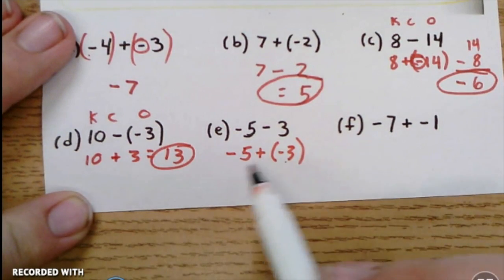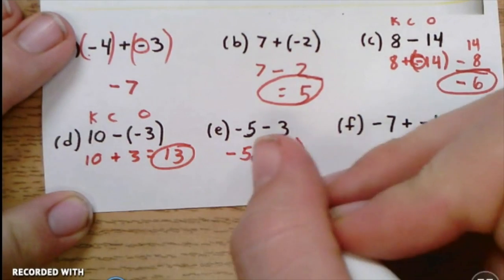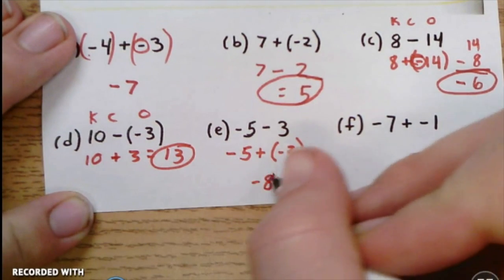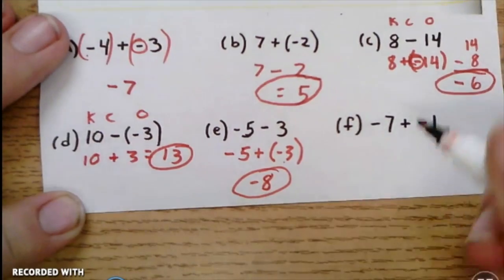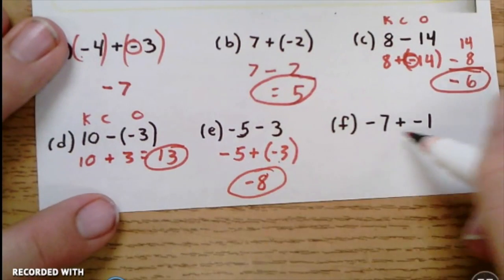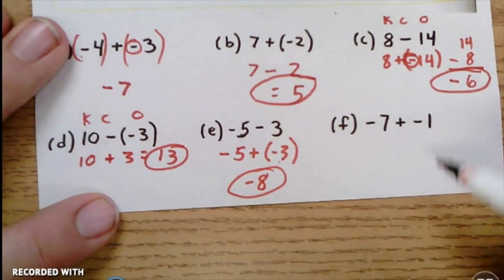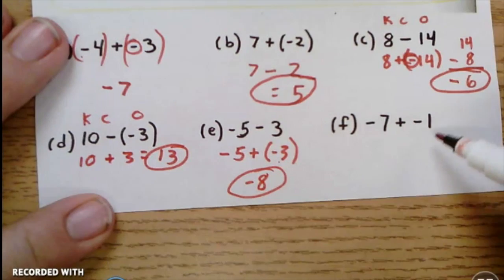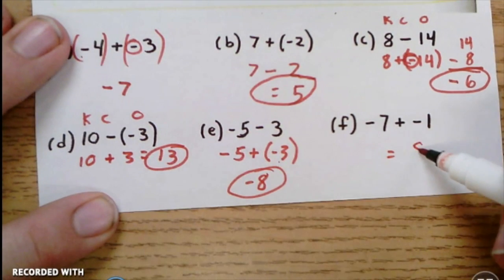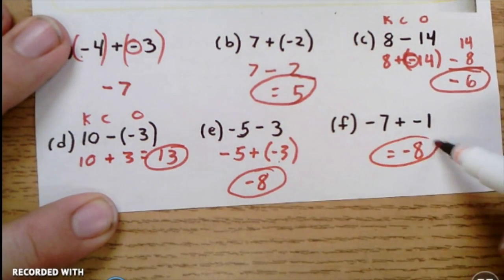Same sign, find the sum. So 5 plus 3 is 8, and they keep their sign, negative 8. Here I've got, it's already addition, same sign, find the sum. 7 plus 1 is 8, and they keep their sign.